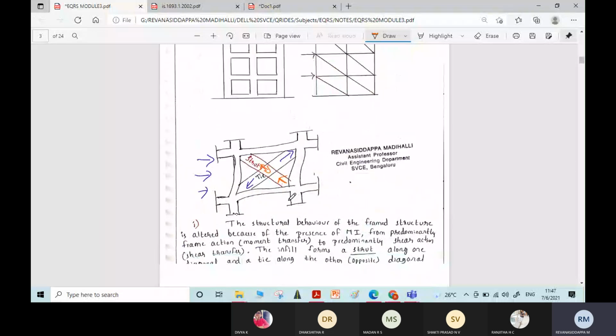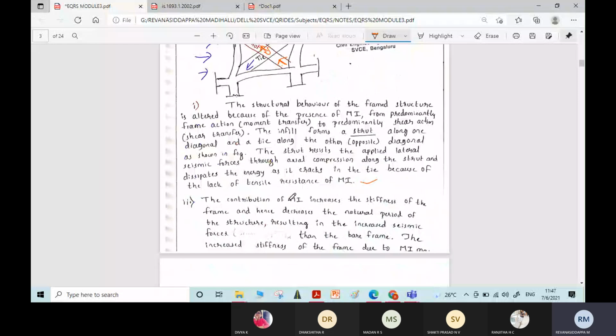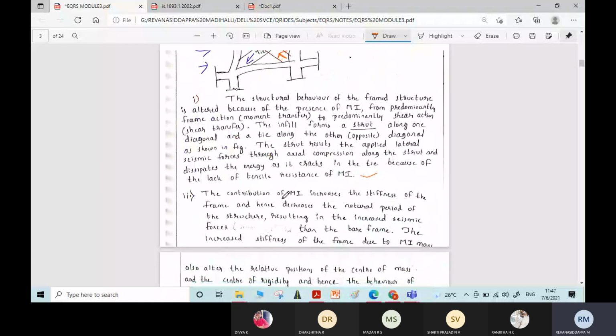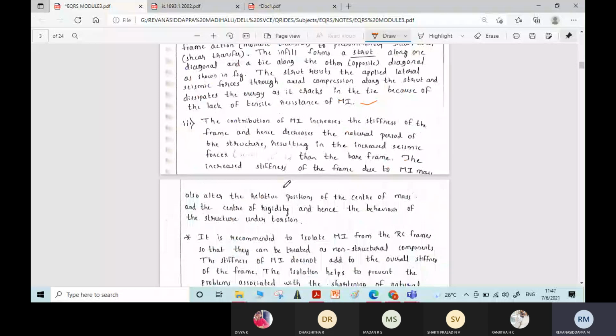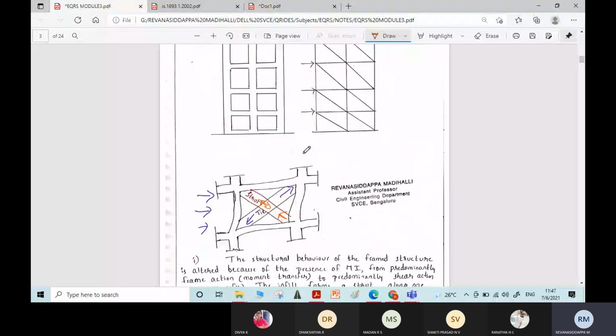Next, coming to the next point. The contribution of masonry infill, MI stands for masonry infill, increases the stiffness. See, when you provide the masonry infill into the frame, definitely the stiffness will increase.